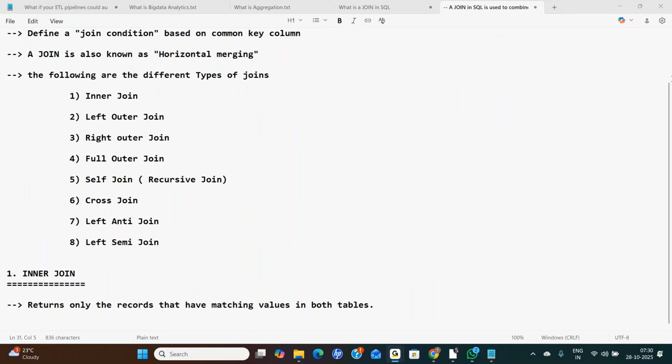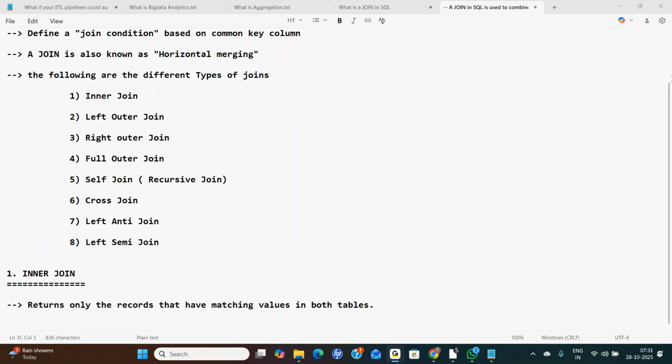See, guys, a simple definition I'm telling: a database is nothing but an organized collection of the data that can be easily accessed, managed, and updated.